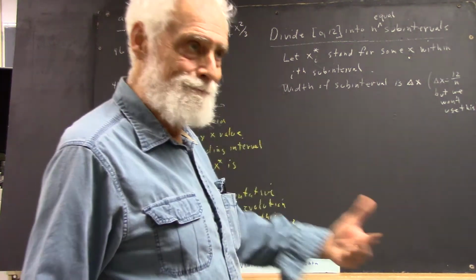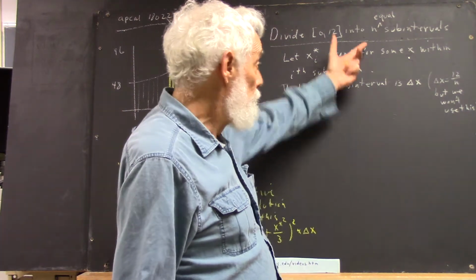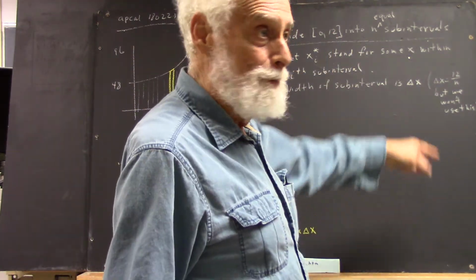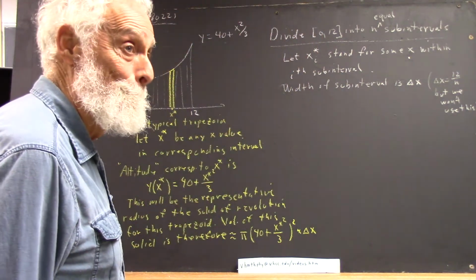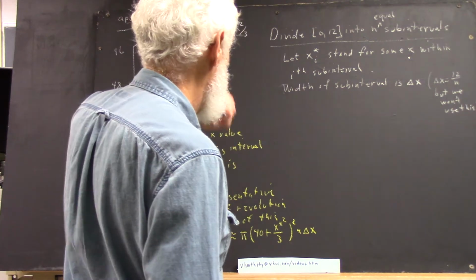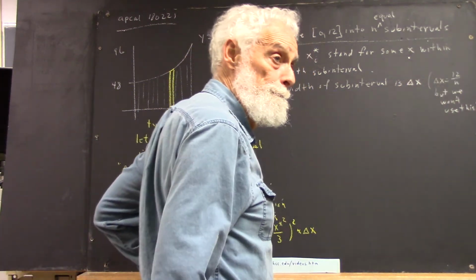Total width of the intervals is 12, right? So you just divide 12 by how many there are, and that's how wide each one has to be. So that's obvious, you just didn't want to say it. Okay? So that's the width of your subinterval. I'm just going to call it delta x, but we know we can calculate it.